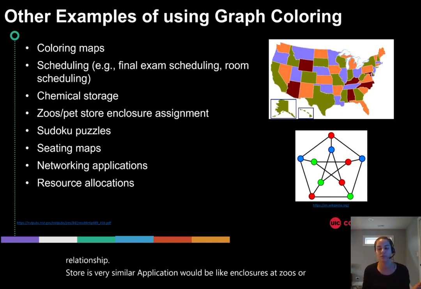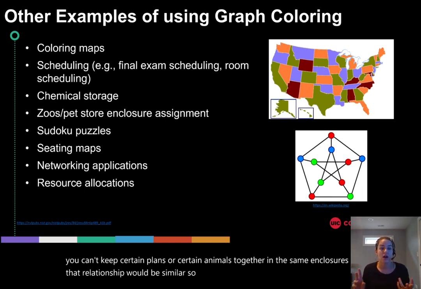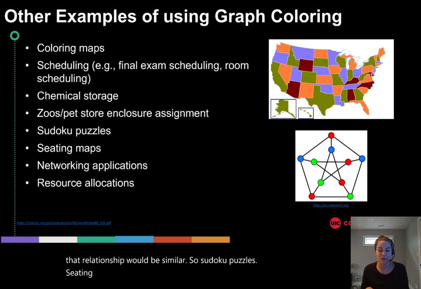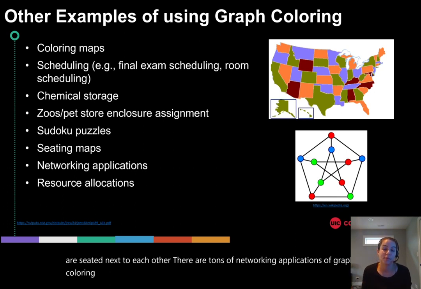If you can't keep certain plants or certain animals together in the same enclosures, that relationship would be similar. Sudoku puzzles, seating maps, trying to create maps where people who have certain relationships are seated next to each other. There are tons of networking applications of graph coloring, and all sorts of different applications of allocating resources.